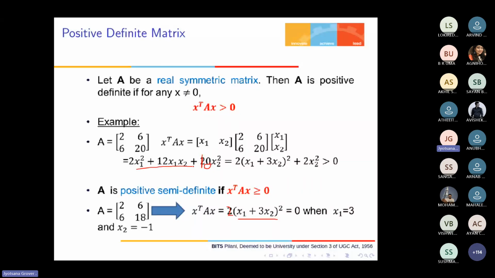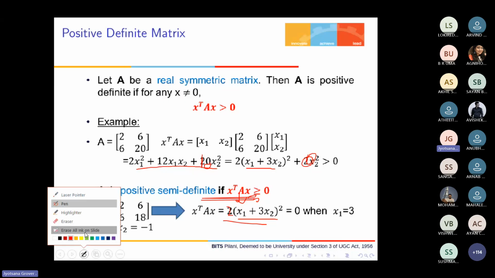So that will be same as x1 plus 3x2 whole square. You will not have this term in that case. And this can be equal to 0 because it can be when x1 is say 3 and x2 is -1. See, this is still a non-zero vector.